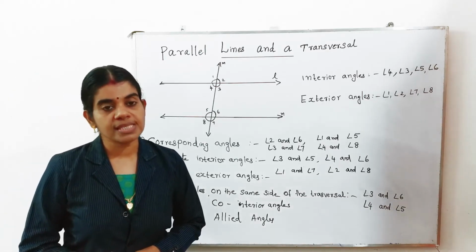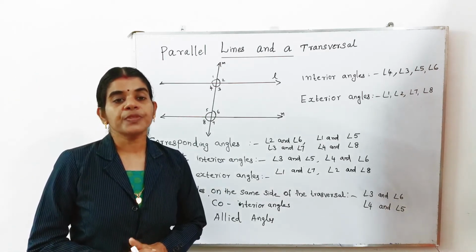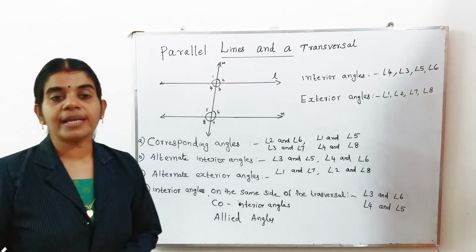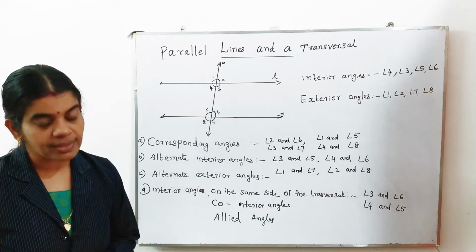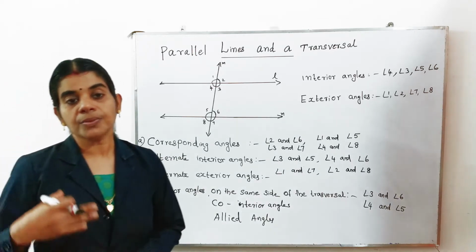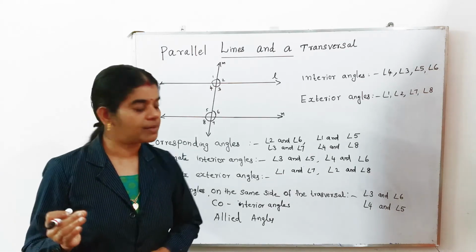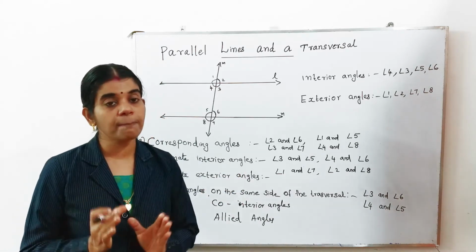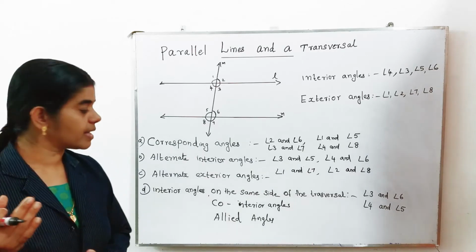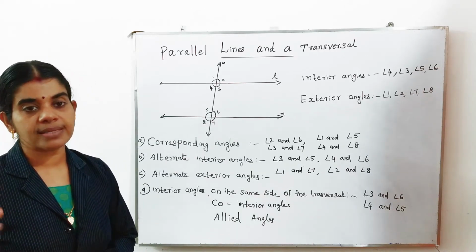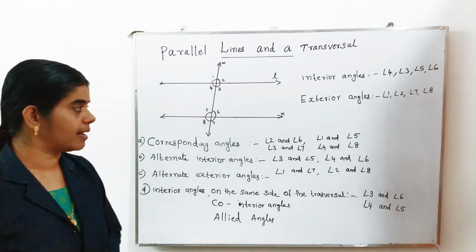The converse of that statement is, if a pair of alternate interior angles are equal, those lines will be parallel. To show two lines are parallel, we can use this one also. If one pair of alternate interior angles are equal, then we can say the two lines are parallel.